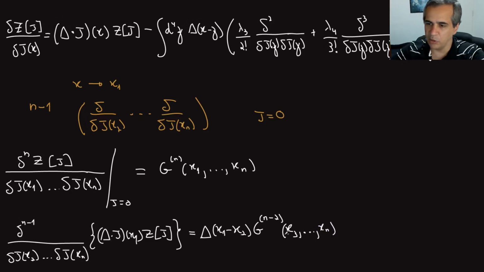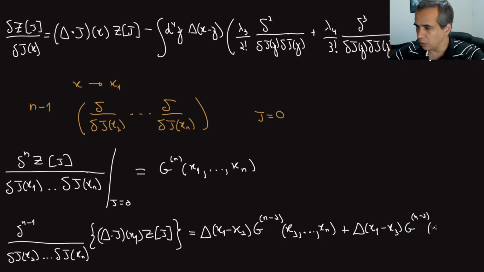But that's not the only option. I have a product rule there. So I also have the option where the derivative in j of x3 acts on this j, and all the other derivatives act on z. So I also have a term with x1 minus x3 and a g n minus 2 of x2, x4, all the way to xn.